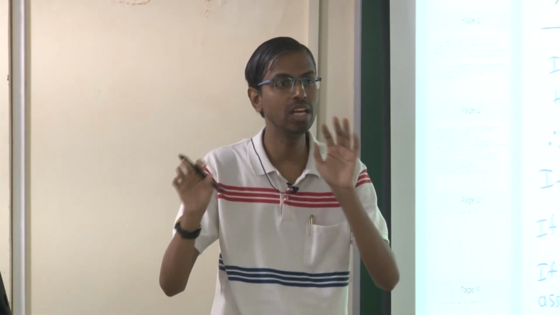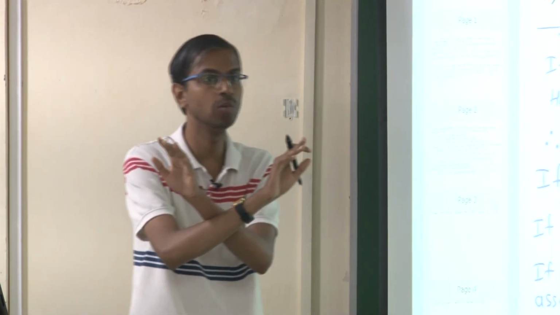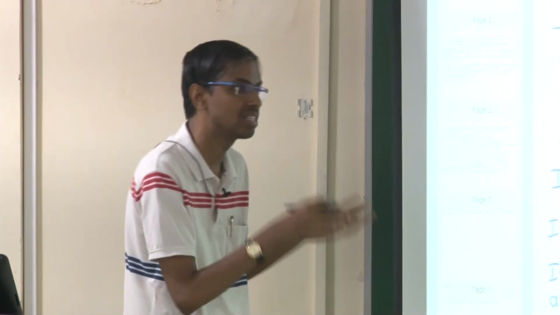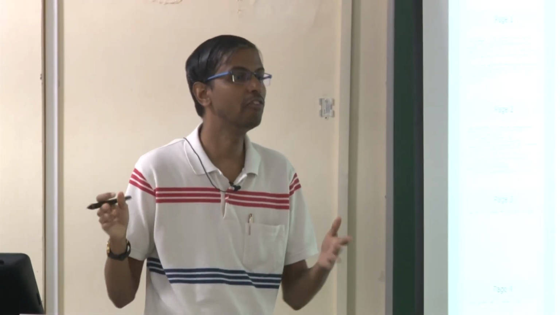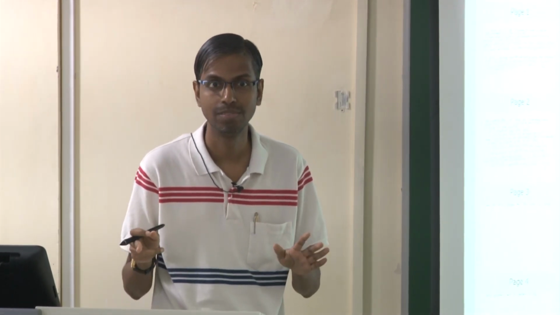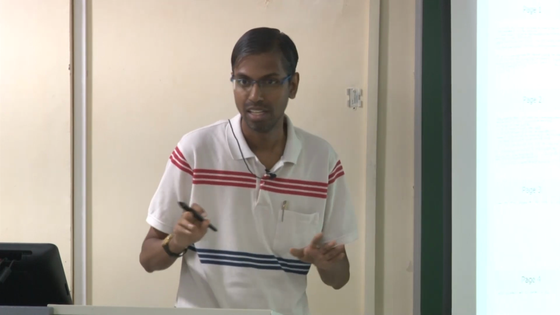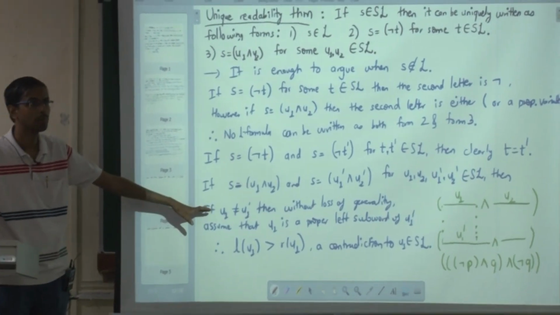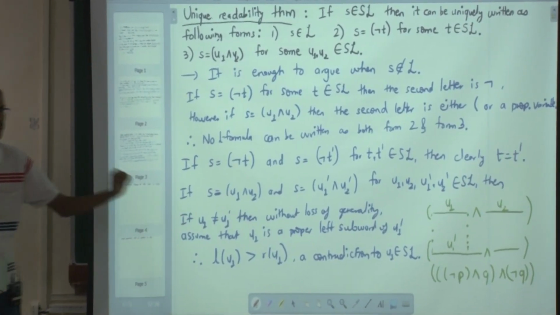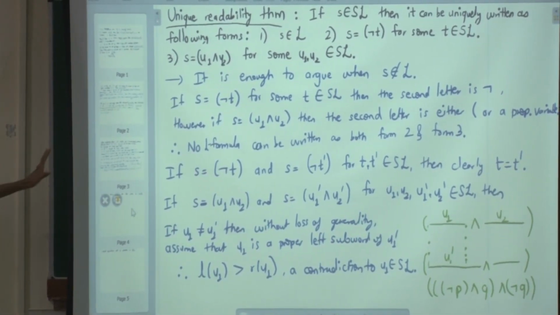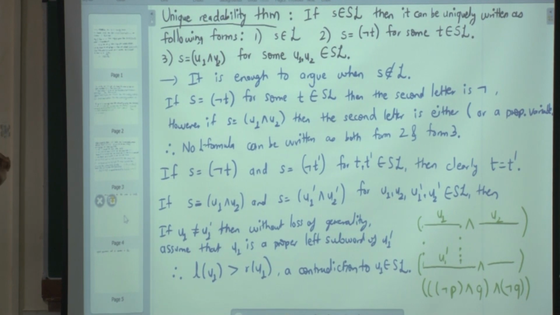So U1 conjunction U2 and U2 conjunction U1, even if they are logically equivalent, we think of them as the same, they are actually different. If U1 and U2 are different, then they are different. Therefore we still need to prove this result. Any problems in the proof? Okay, then we have shown unique readability now. Let's go ahead.